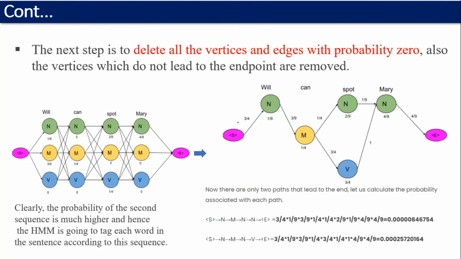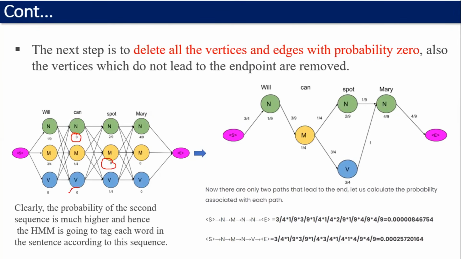So the next step is you need to delete all the vertices and edges with probability 0 and also the vertices which do not lead to the endpoint. In this diagram, you can see some of the vertices or edges have probability 0. If you see this one, here you can see 0. Similarly, here also you can find value as 0.